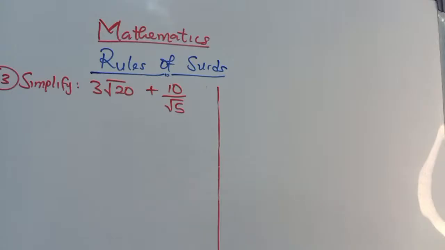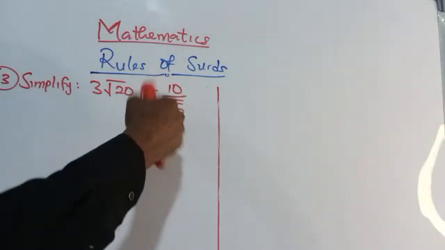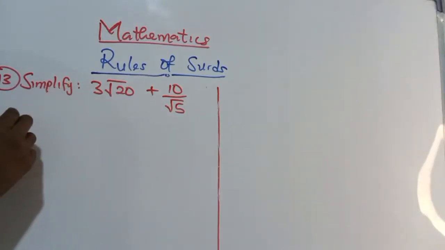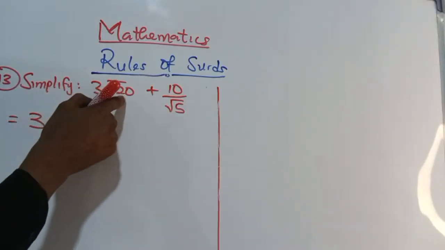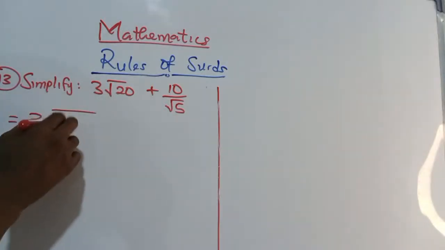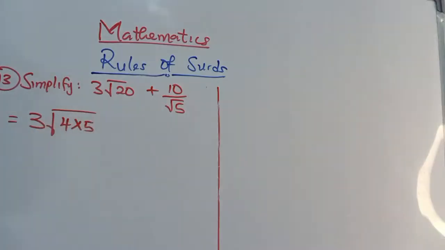So let's simplify this. We can rationalize this 10 over root 5. And for this, we can split it into 4 times 5. 4 times 5 will give us 20.